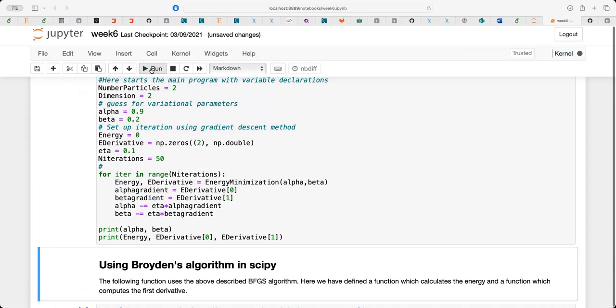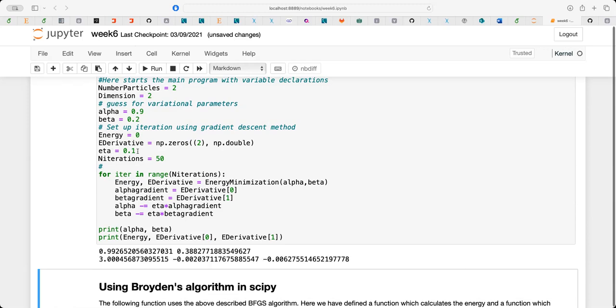So in the previous case, which is more brute force, you would have to tune this parameter gamma here, or eta as we call it. I think I called it eta, yeah. And in equations, it's called either gamma or alpha. But in this case, now I just increased it. So that means you're going to make larger jumps. In this case, we get a value which is still decent.